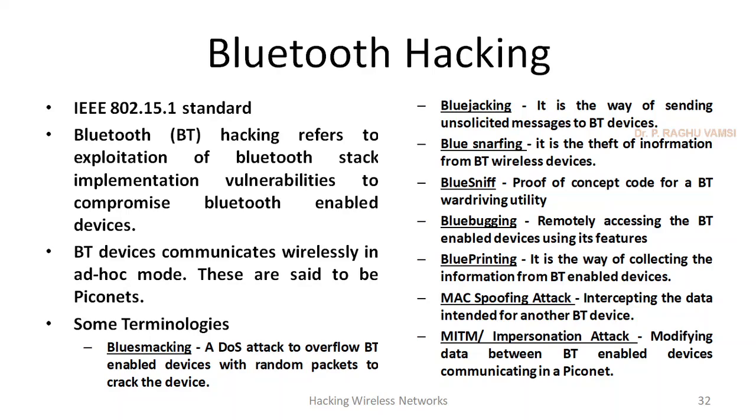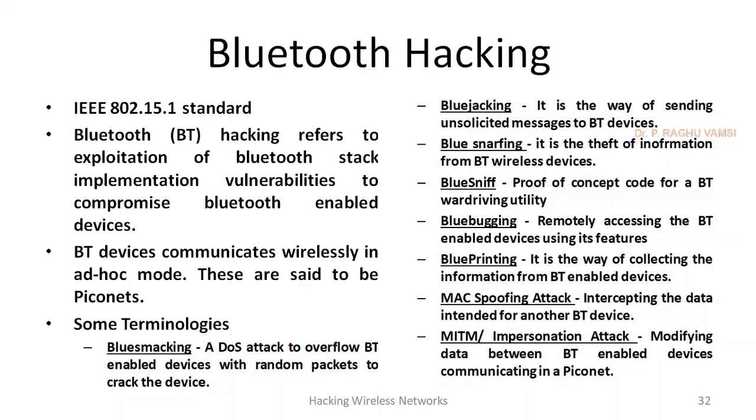In class 1, especially, they will have higher transmission power, like 100 milliwatts. As the transmission power increases, the effective range of communication also increases. The communication range will go up to 100 meters, etc. Typically, you will find this class of Bluetooth adapters in external USB adapters with an external antenna.